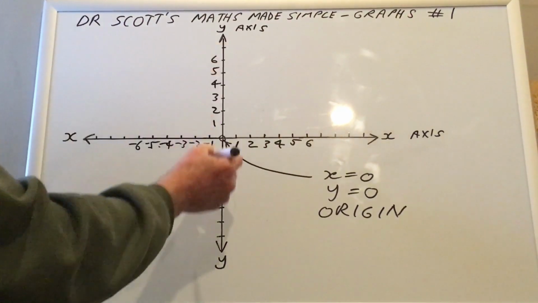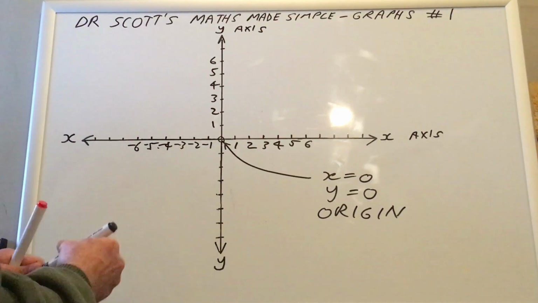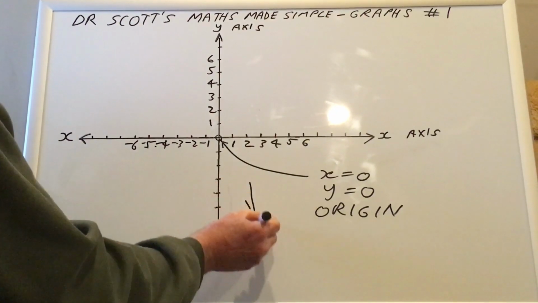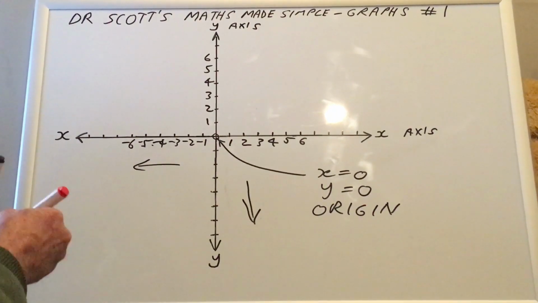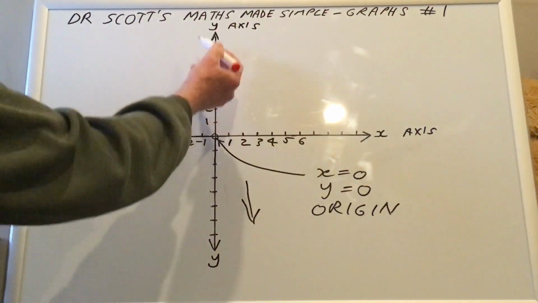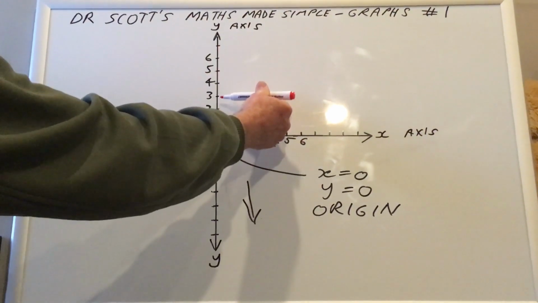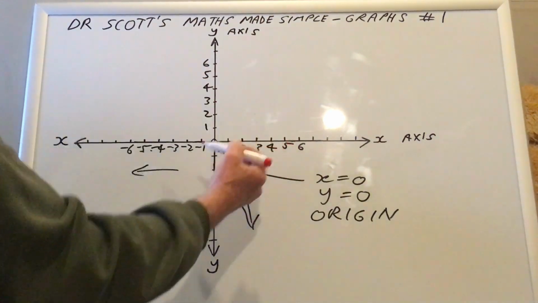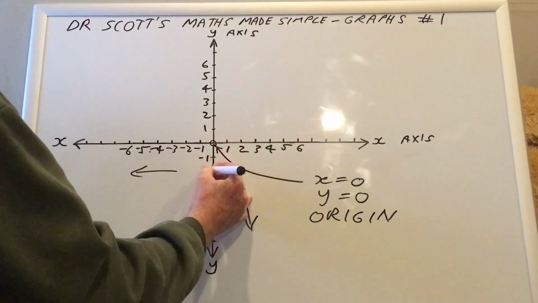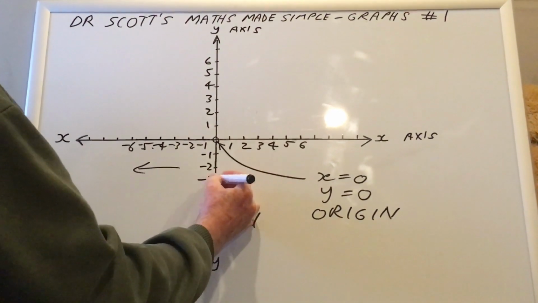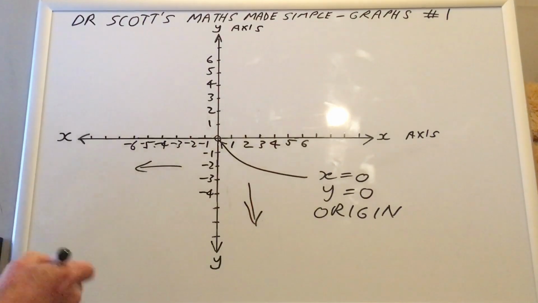And the same with the Y axis. Remember, as we go down, it's going negative. So that's negative and that's negative. So we're in the negative part of the graph. So the Y axis goes down, counting all the way down, 4, 3, 2, 1, 0. And then it gets to -1, -2, -3, -4, etc.